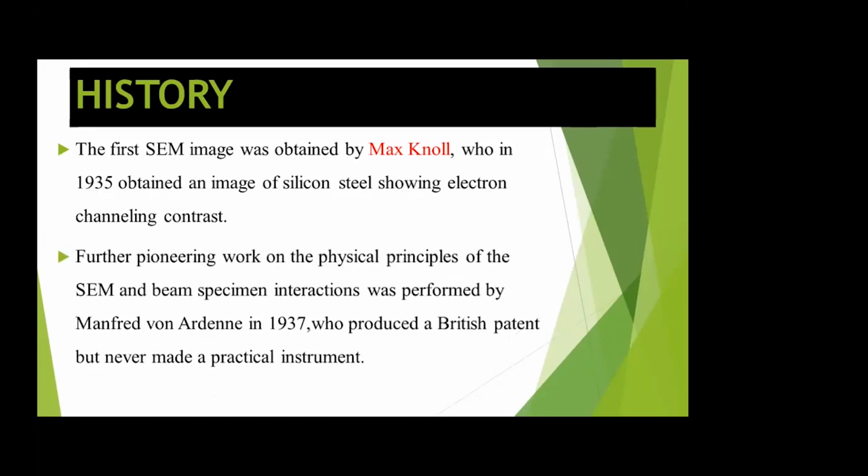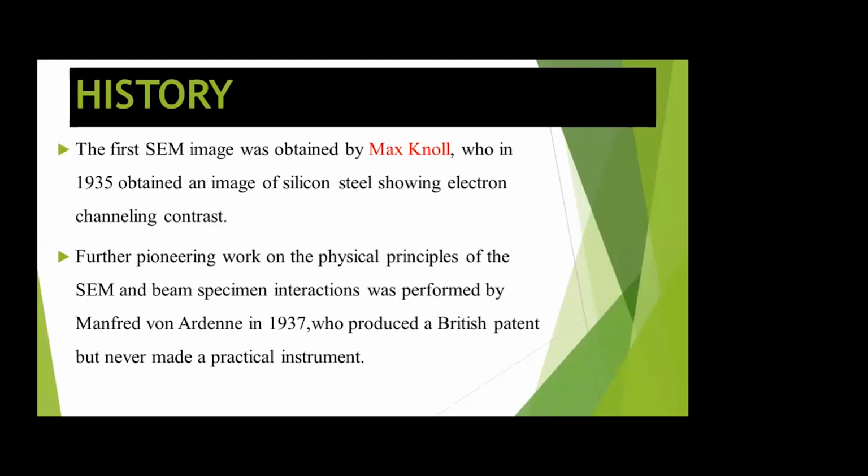Further, this work was pioneered. The physical principles of the scanning electron microscope were understood and explained, and beam specimen interactions were studied, by a scientist known as Manfred von Ardenne in 1937. He produced a British patent for this, but unfortunately, he never made a practical instrument.